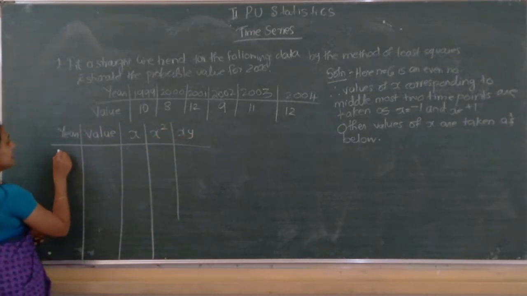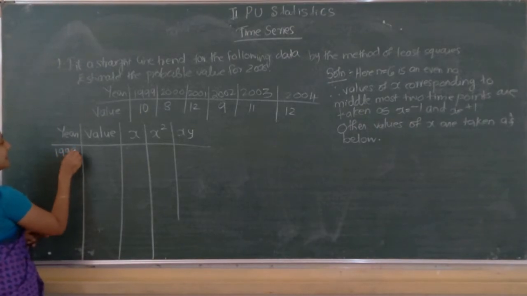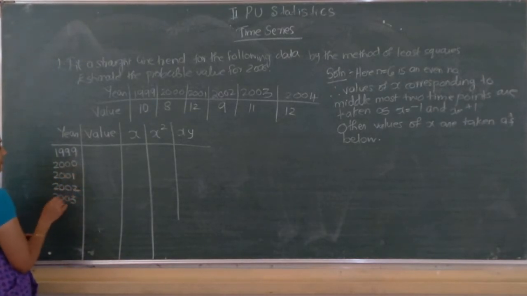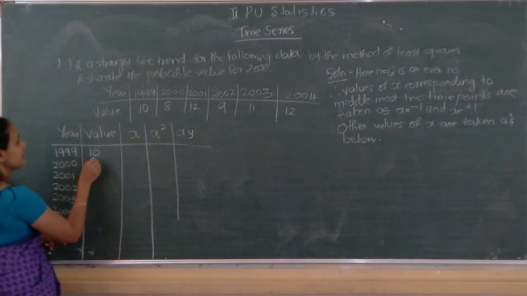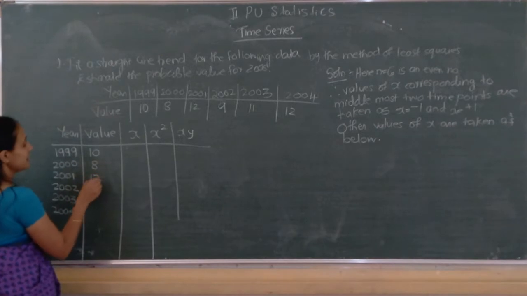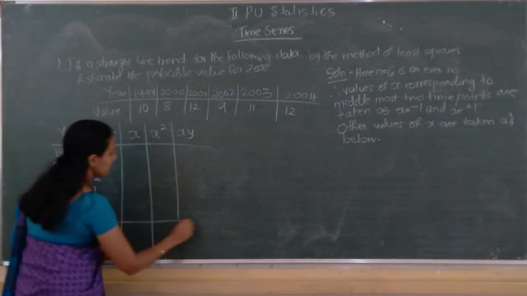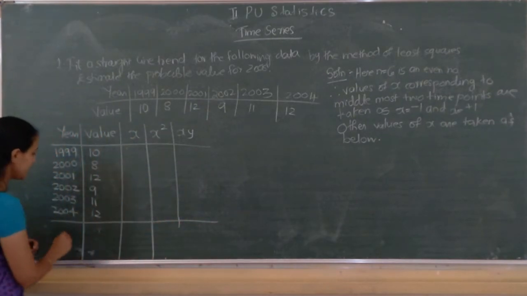Year: 1999, 2000, 2001, 2002, 2003, 2004. Here the values are 10, 8, 12, 9, 11, 12. Total is required, so I am writing total here.